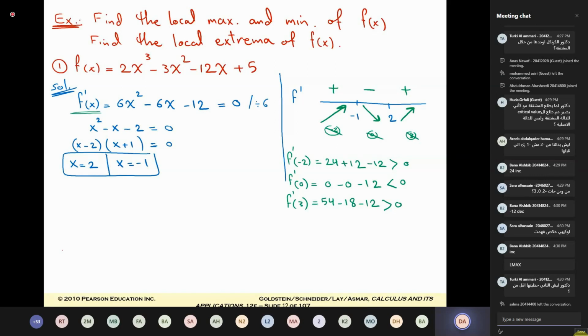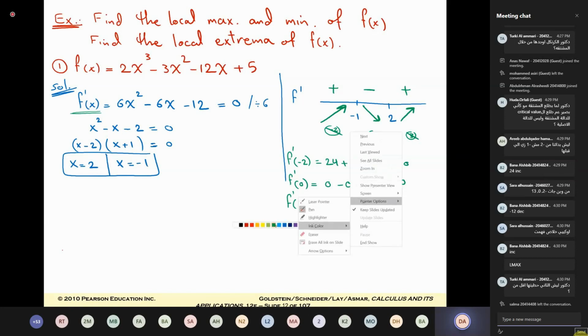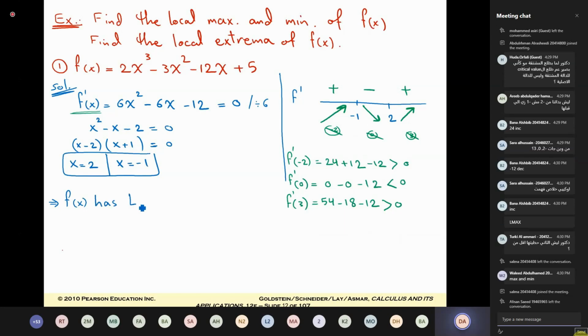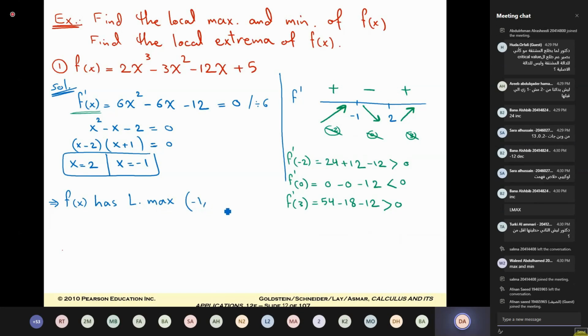So we can conclude f(x) has a local maximum at -1, and we need to find f of -1, this point.